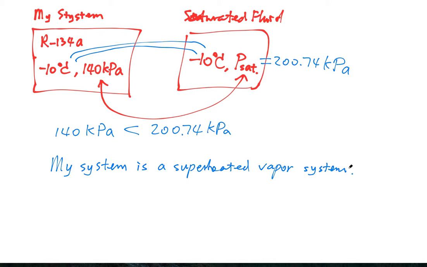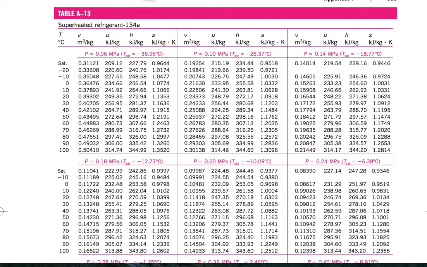Then I need to go to the superheated vapor table for R134A and find the properties of that system. Now I have found the superheated vapor table for R134A, and I look for the correct block in the table to find the information I need.